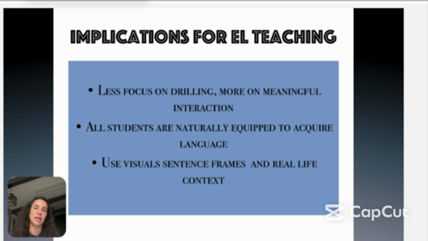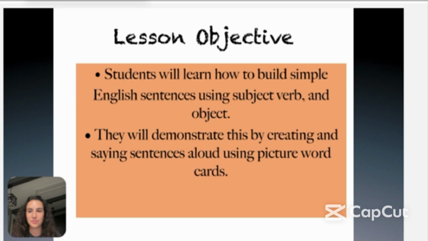So that means a lot less drilling and grammar worksheets and a lot more speaking, listening, playing, and exploring. We should provide opportunities for students to use English in real life contexts, with sentence frames or visuals. And I think games are really a great tool to support this type of learning for students.